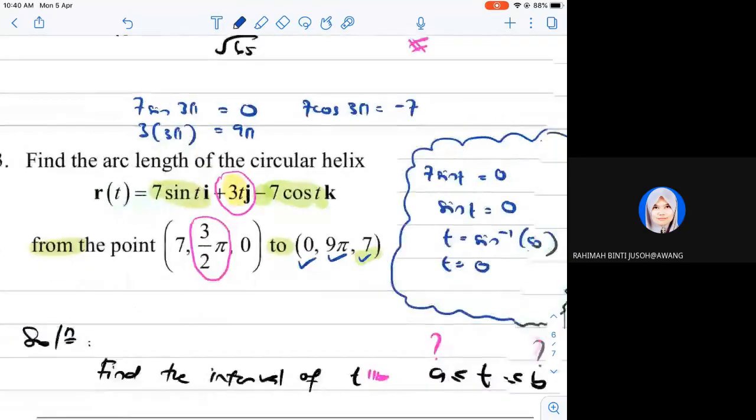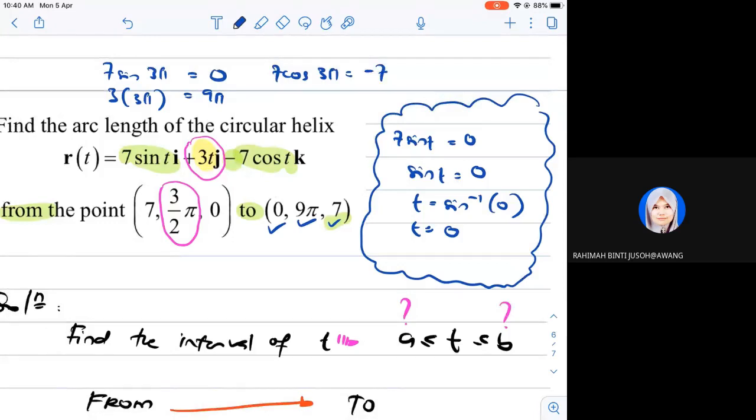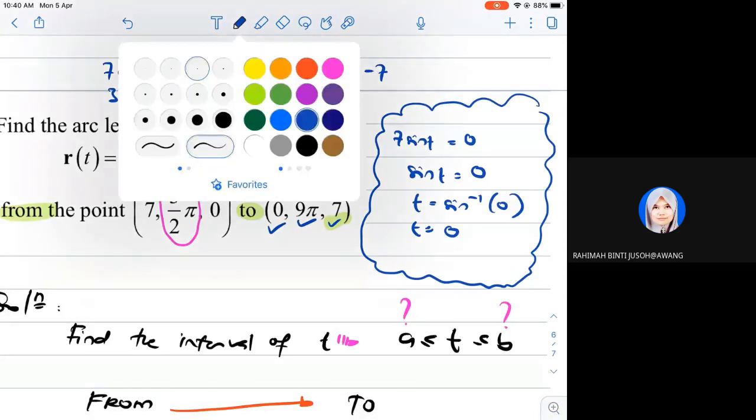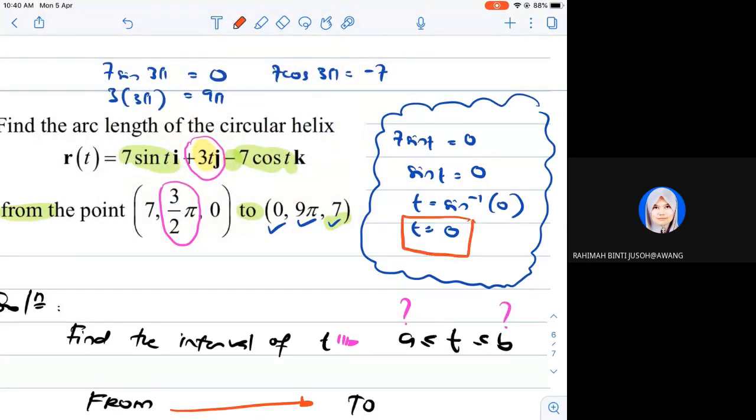So that's why nilai T tak boleh kosong ni. You tak boleh dapat kosong ni. Kosong ni dia tak valid untuk ketiga-tiga koordinat. Dia hanya valid untuk sin T sahaja. Tapi dia tak valid untuk, kalau you gantikan T equals to 0, dekat sini you letak sebagai 0, dapatlah 0. Tak dapat 9 pi. That's why you kena berhati-hati, be careful kalau you pilih other than polynomial. Itu maksud saya tadi tu.